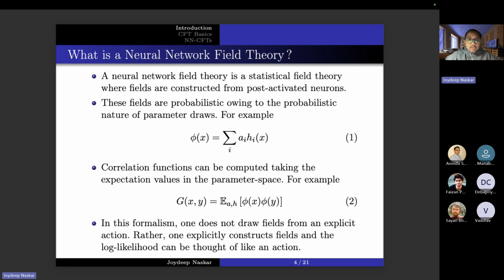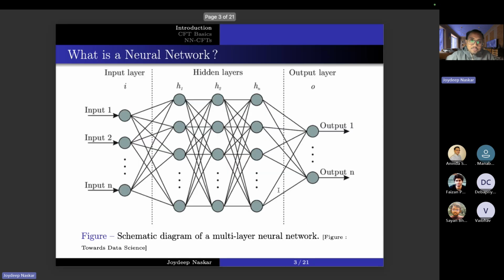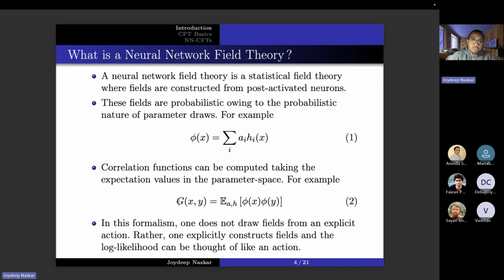We are going to compute correlation functions by taking expectation values in the parameter space. The parameters are the weights that come in here, and the space of all parameters is the parameter space. So you can compute, for example, a 2-point function to be some expectation value over the A's and other parameters that appear in H, and just put these two fields there.